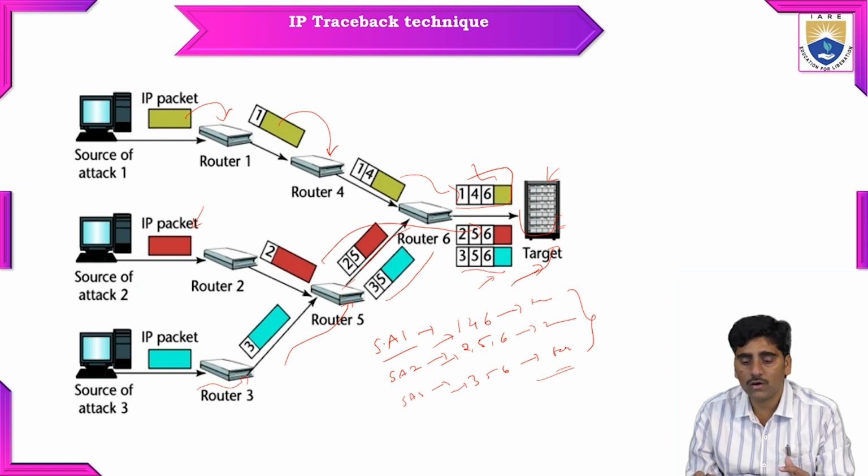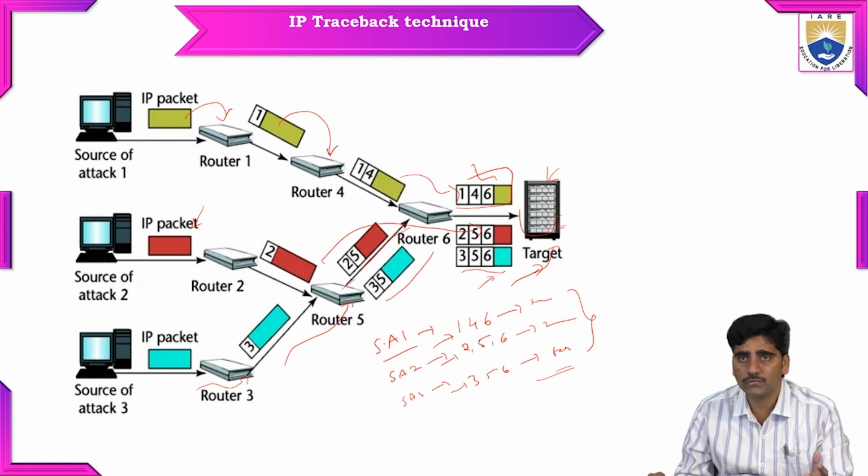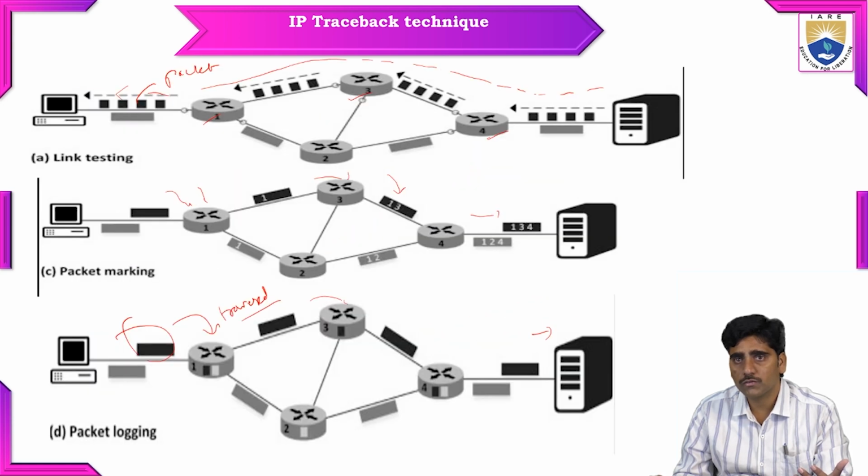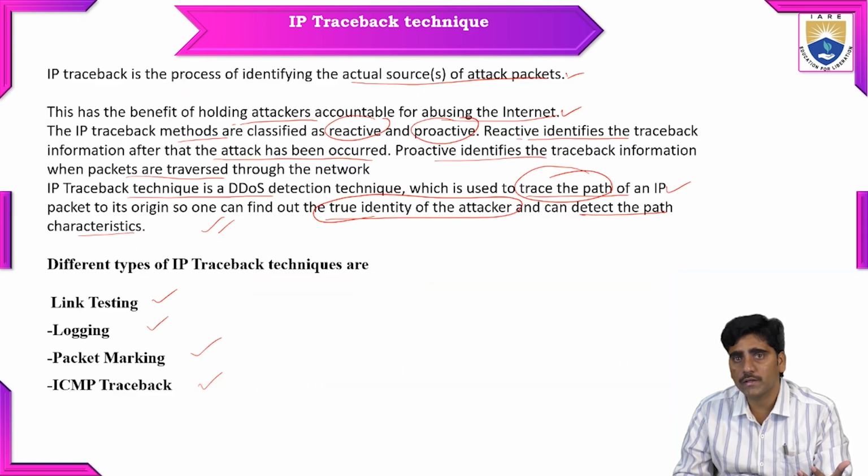So this is the way of performing the traceback techniques of IP packets or packet information. So once again we revise the topics which we discussed in this session. Here the first one is, what is meant by IP traceback?